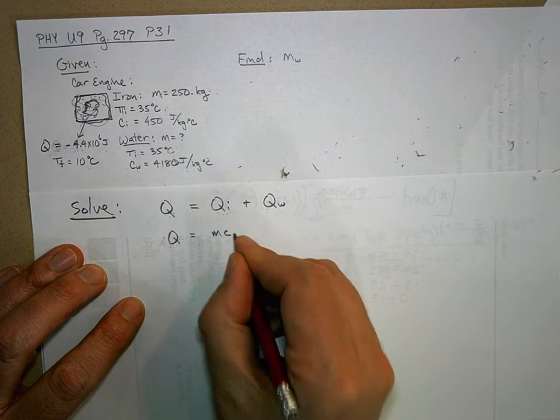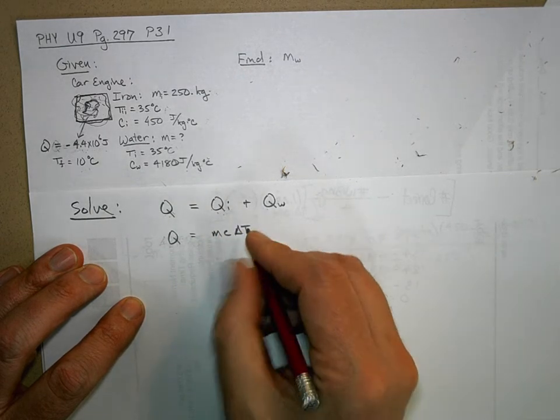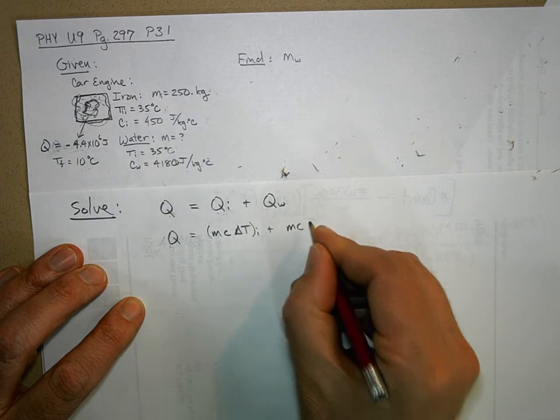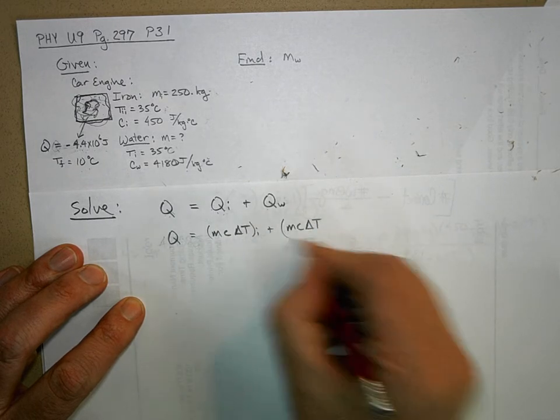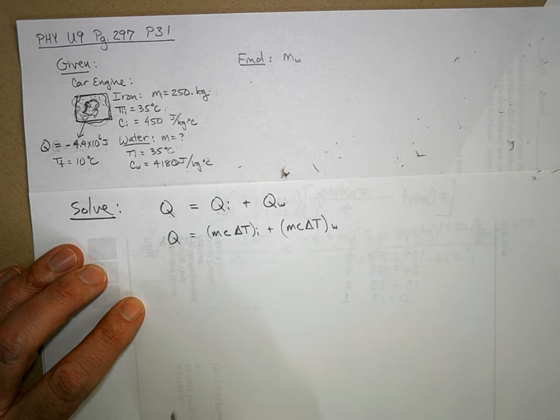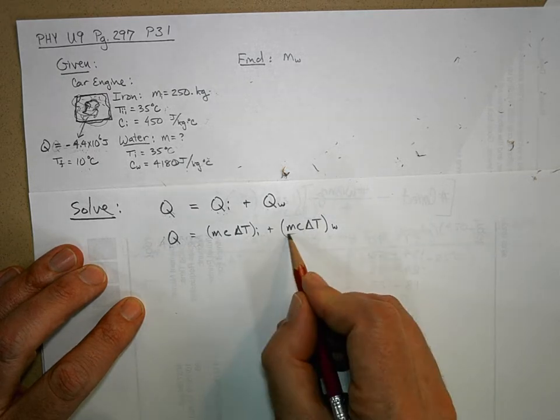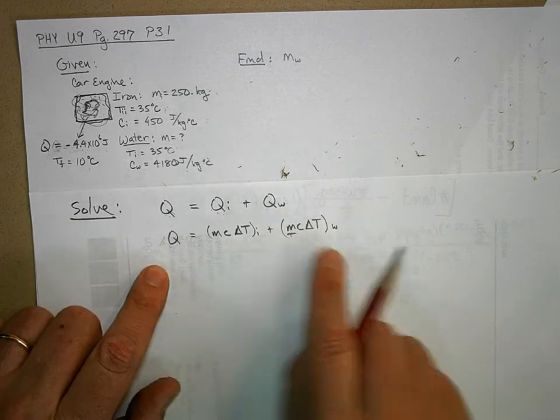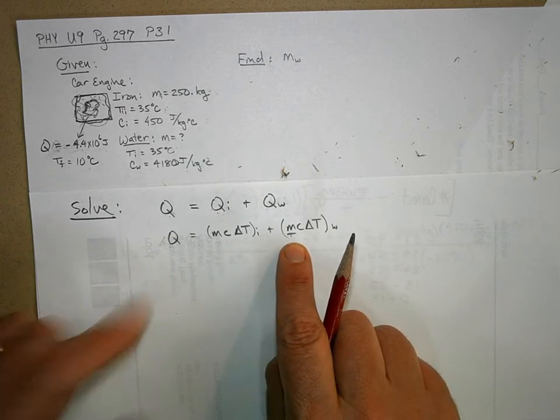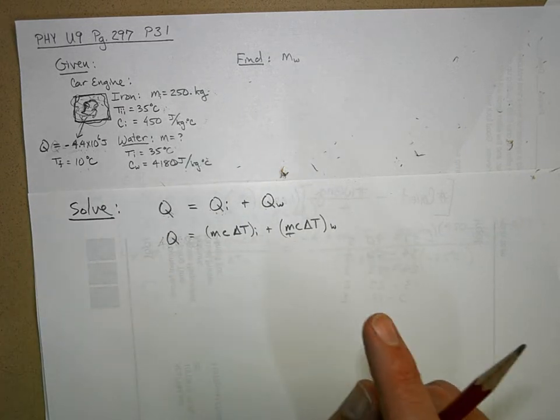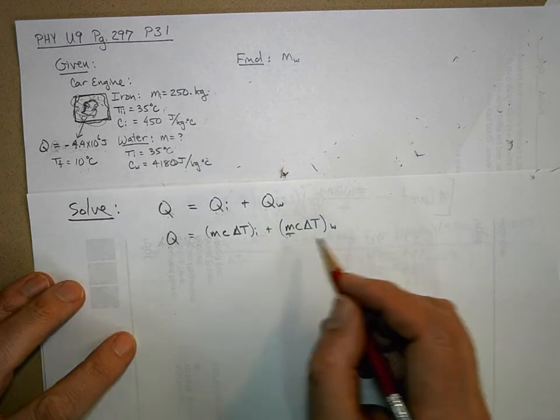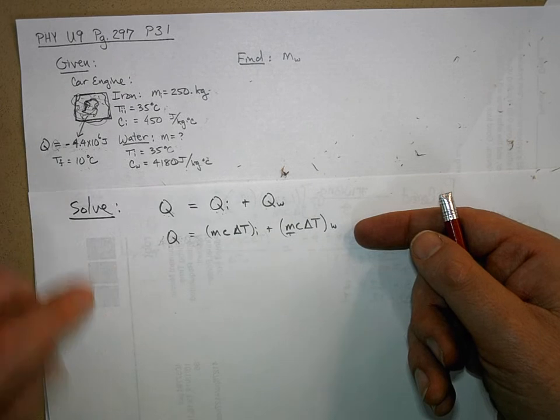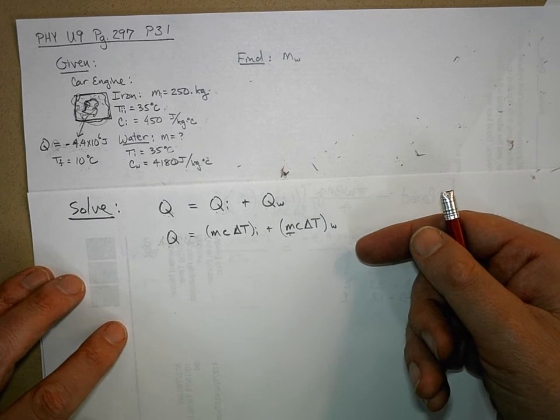That's going to be MC delta T for the iron plus MC delta T for the water. Now this is good because here's the variable I want. I want the mass of the water. So all I have to do is take this expression and solve it for the mass of the water and then plug in my values and I will get the answer. So let's go ahead and do that. Right now, this is where all the physics is at. After this, it's just algebra 1.